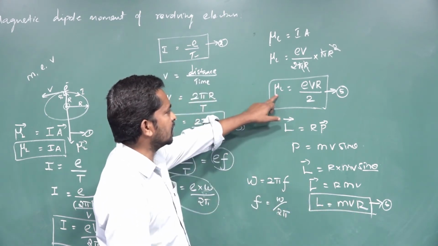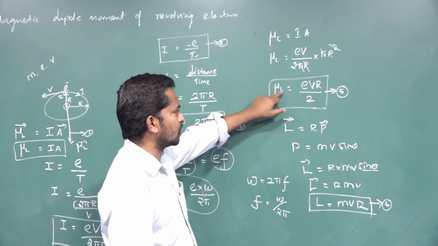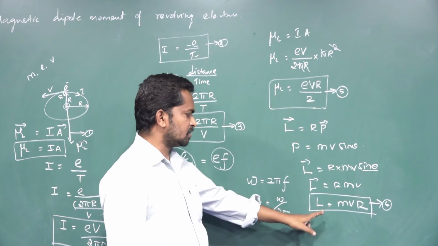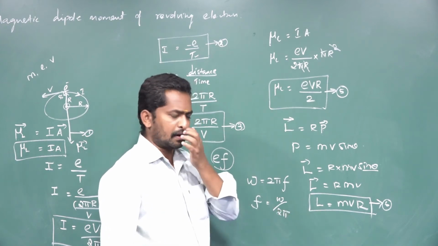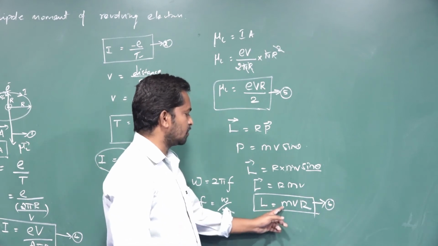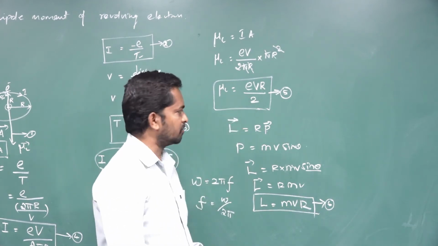So this is the magnetic dipole moment of the revolving electron, EVR divided by 2. This is the angular momentum of the electron, L is equal to mvr. So L is equal to mvr and mu L is equal to evr divided by 2.